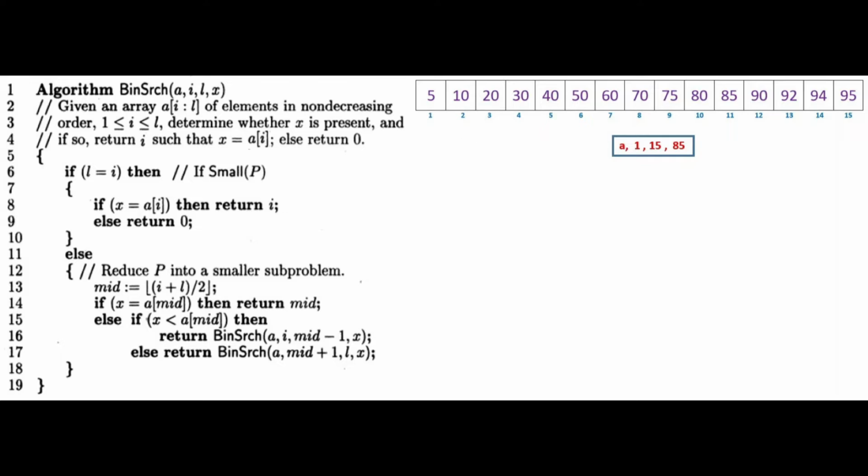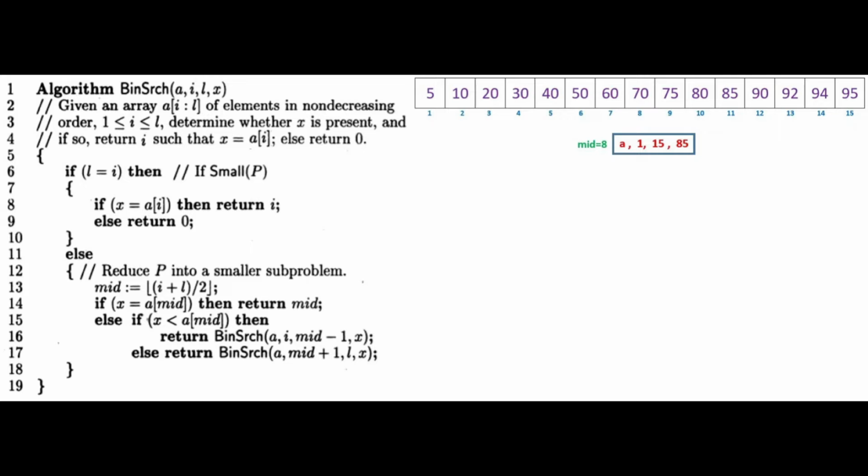Reduce P into smaller subproblems. First find the mid value. Mid is equal to I plus L by 2, 15 plus 1 by 2, 16 by 2 is equal to 8. The value of mid is equal to 8.